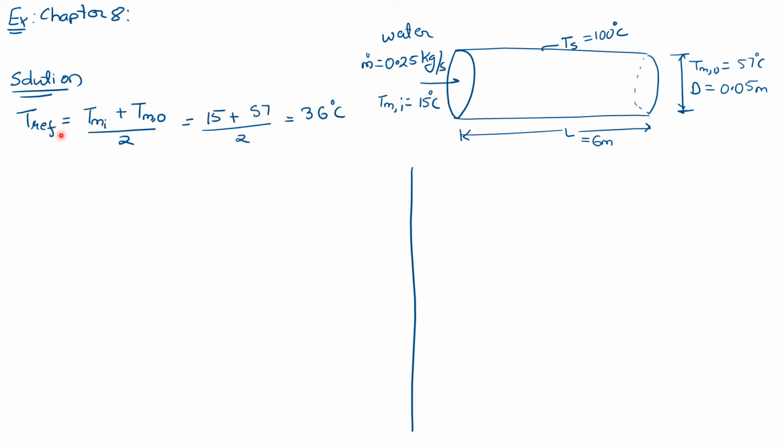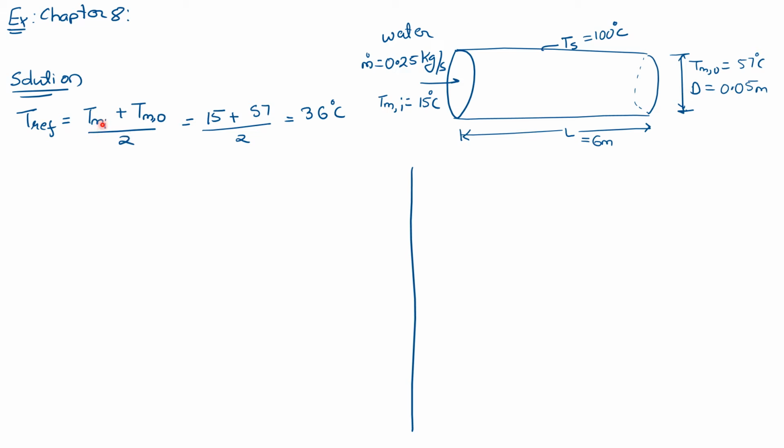So the first thing we need to do is find the thermal properties of the fluid, and for that we need a reference temperature. As we know, we'll use the mean temperature of the fluid to find the properties. So we'll take an average of the temperature at inlet and outlet.